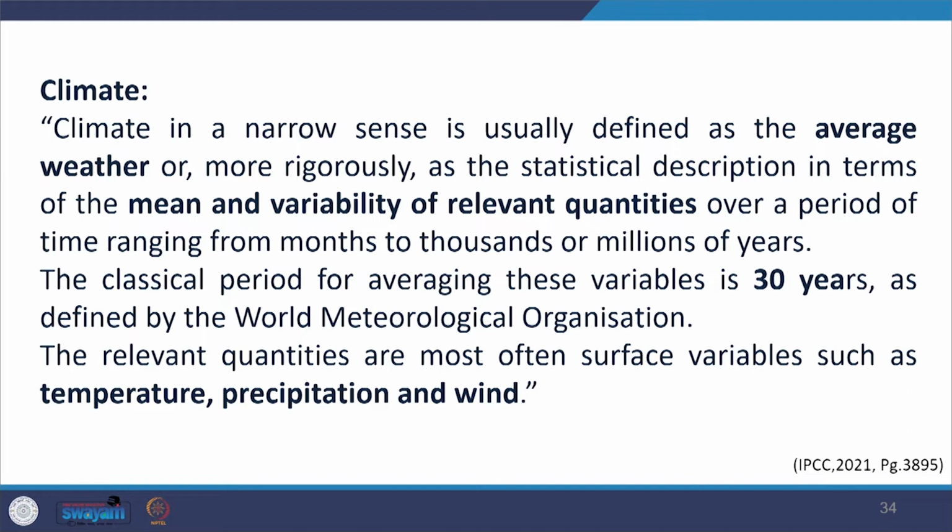So we look at those statistical descriptions here. The classical period which we consider generally ranges from 30 years, as given by the World Meteorological Organization, WMO, and it can be beyond that as well. The relevant quantities which we mostly look at are temperature, precipitation, and wind.